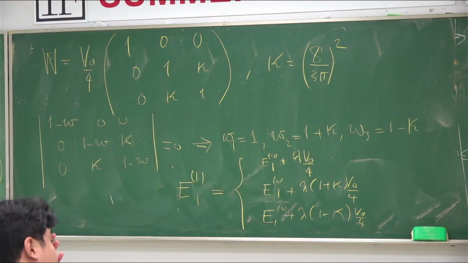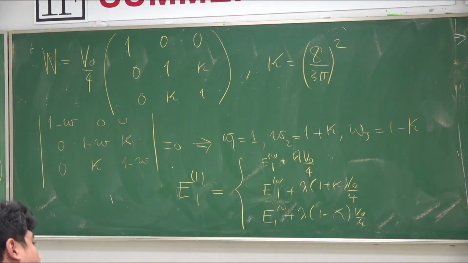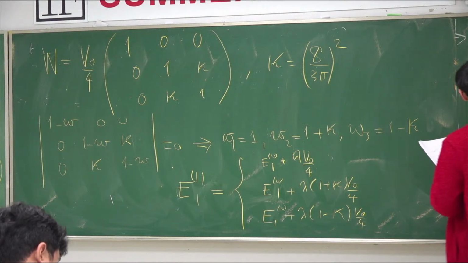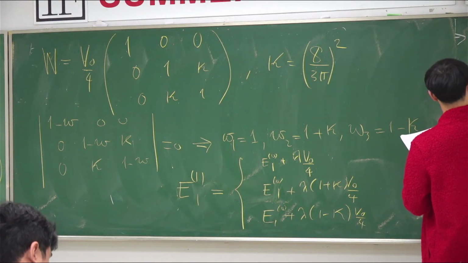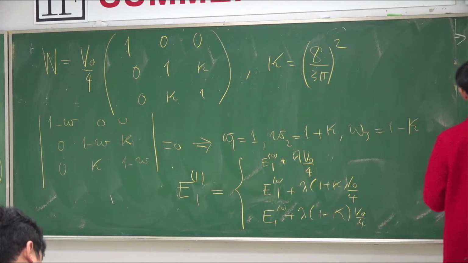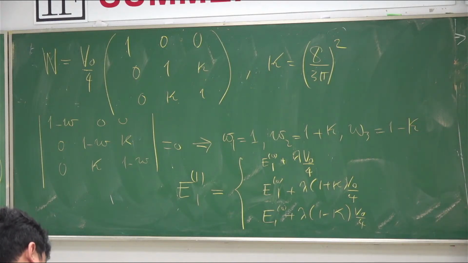So let me draw. What we have is that, again, this is lambda. Suppose that you have this to be E0, 1, and then you get this.